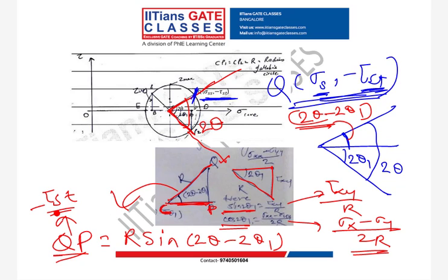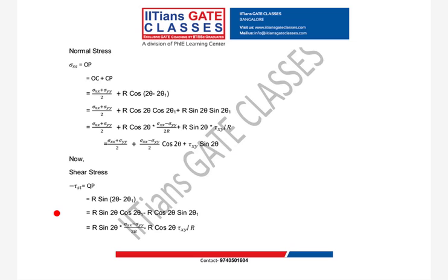Now, what is sine A minus B? Sine A minus B is sine A cos B minus cos A sine B. So sine 2 theta minus 2 theta 1 is r sine 2 theta cos 2 theta 1 minus r cos 2 theta sine 2 theta 1. Now here I can substitute cos 2 theta 1 and sine 2 theta 1.